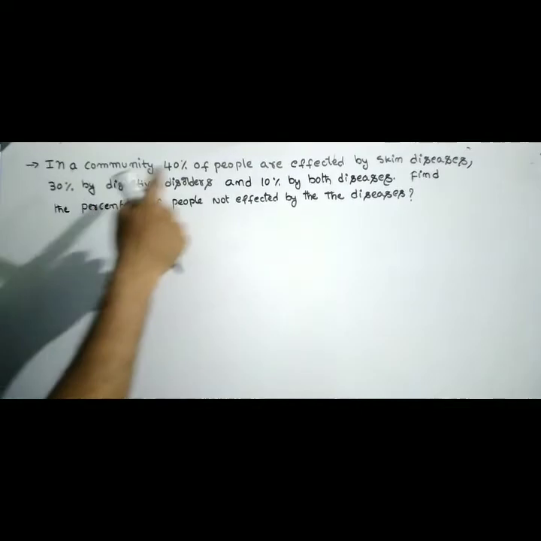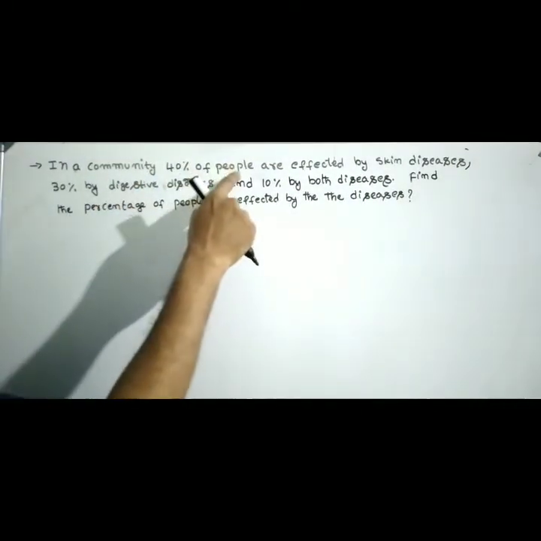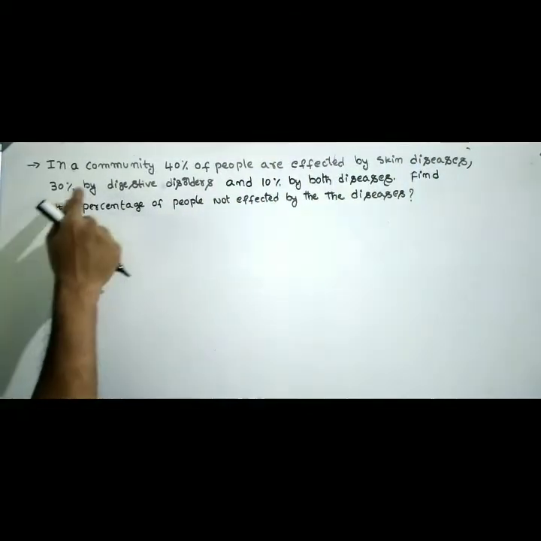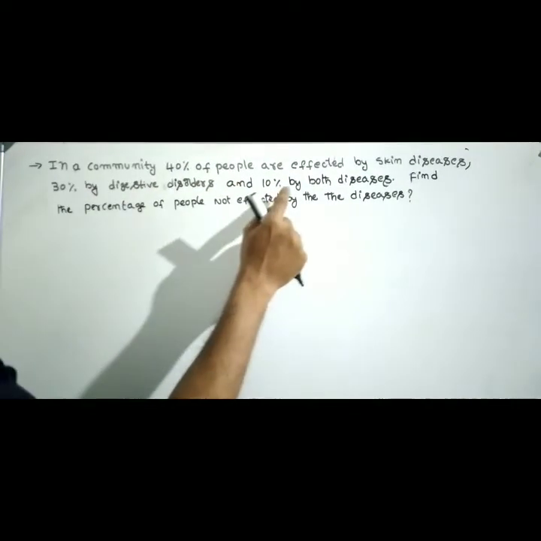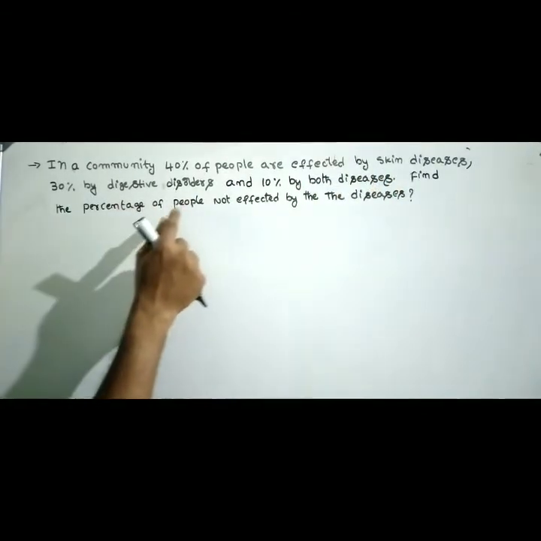See friends, next problem. In a community, 40% of people are affected by skin diseases, 30% by digestive disorders, and 10% by both diseases. Find the percentage of people not affected by both diseases. See friends, same problem.